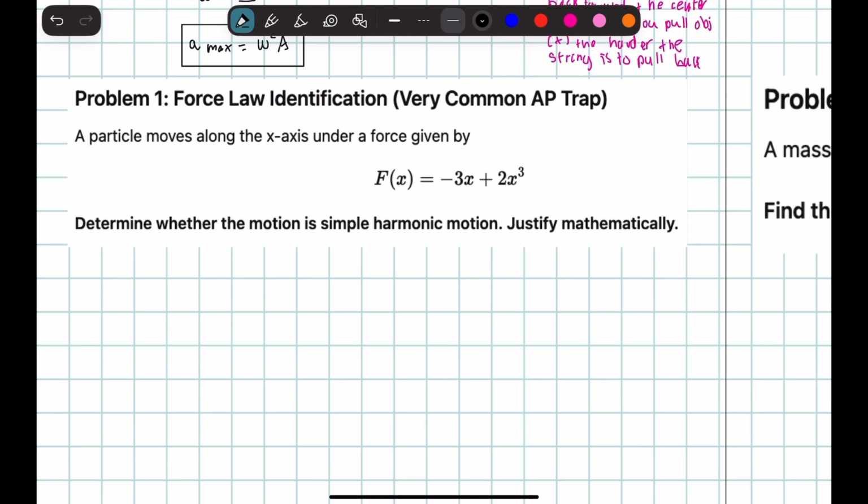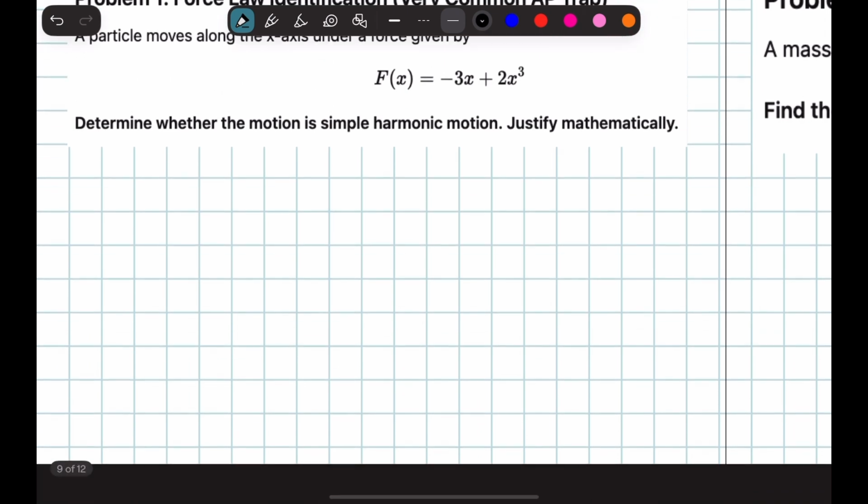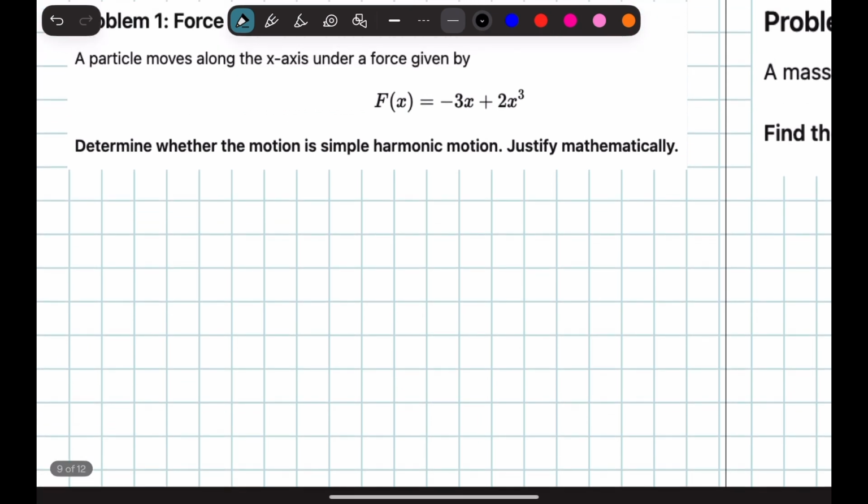A particle moves along the x-axis under a force given by negative 3x plus 2x cubed. Determine whether the motion is simple harmonic motion. Justify mathematically.